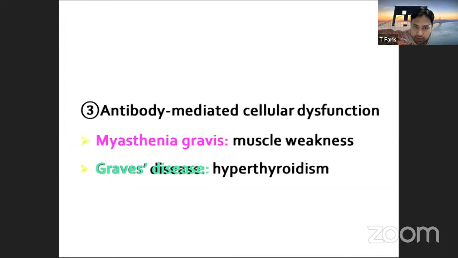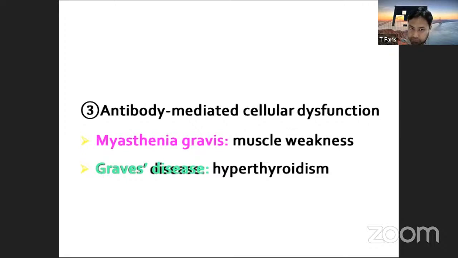And also under type 2, we have antibody-mediated cellular dysfunctions. Diseases like myasthenia gravis, where you lose your capability to contract the muscle, leading to a loss of activity of muscle cells. Your muscle activity is reduced.